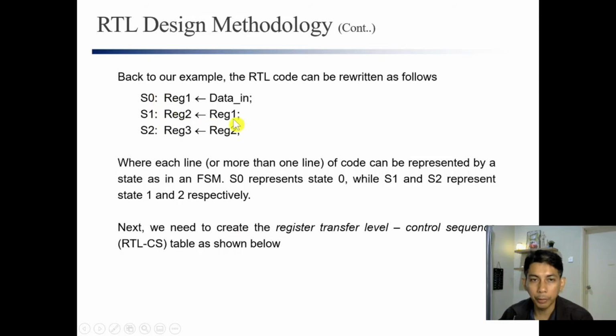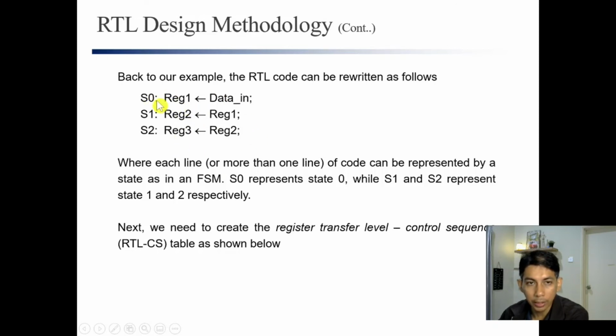The next state, we move the data from rack 1 to rack 2, and the last state, we move the data from rack 2 to rack 3. All right, so how to do that is based on this sequence.